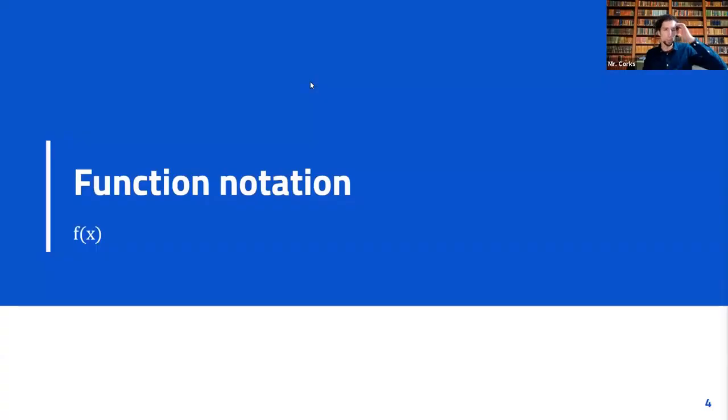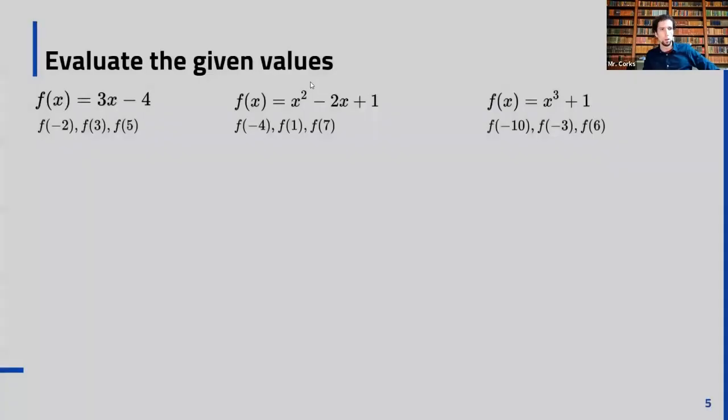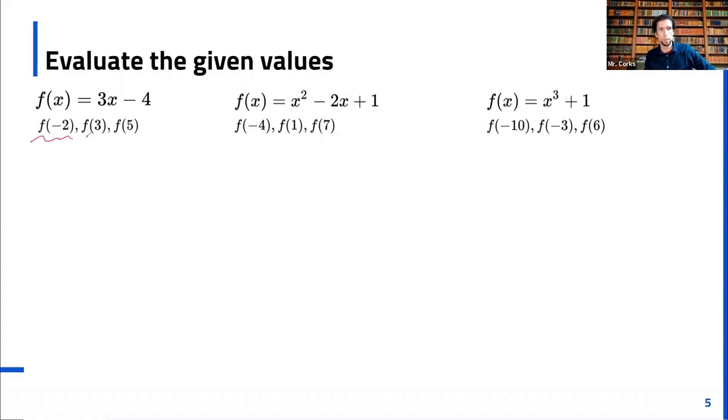Okay, so we'll start with function notation. Again, this is not really a calculus thing, but if we get something like this, how do we evaluate a function at a particular point? So let's try here.